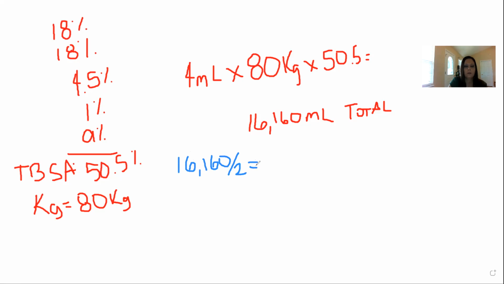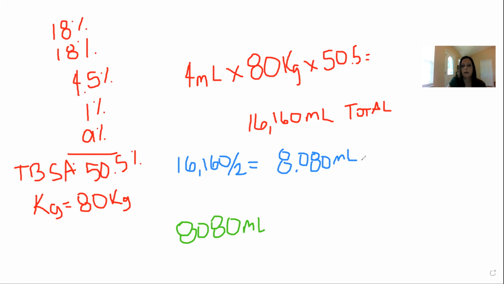So divided by 2, that half is going to be 8,080 mLs first half, and then change colors again. For my second half, it'll be 8,080 again. So that's total for those halves. Okay, so now let's go back up to our first 8 hours.